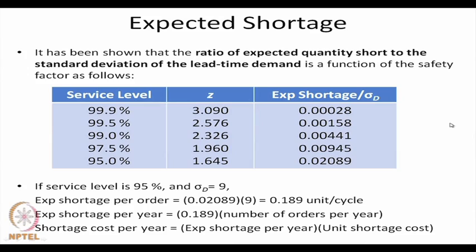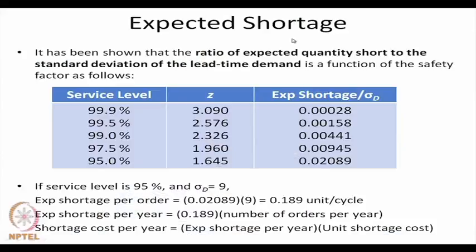Now, sometimes we are also interested in finding out the number of shortages, not the times the inventory is out of stock, but the number of units which are short. This is the expected shortage.